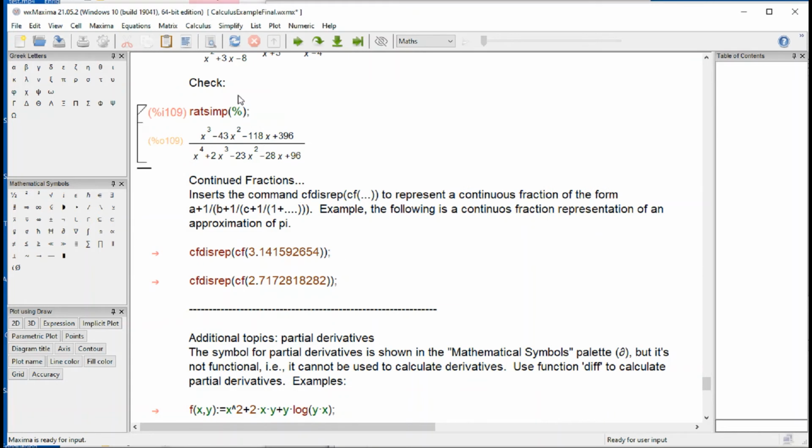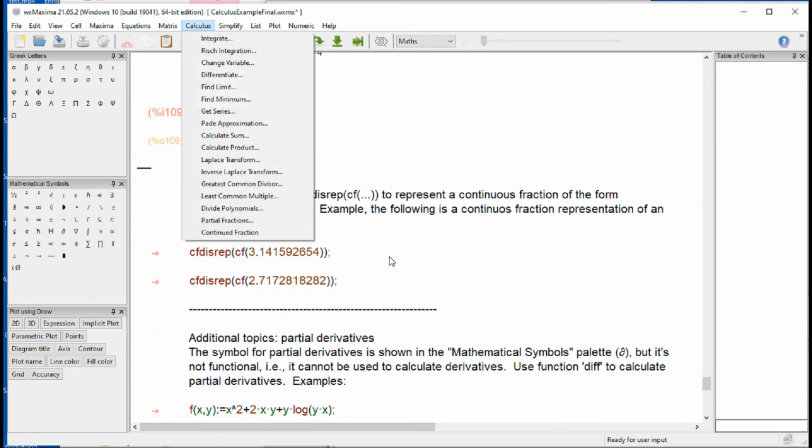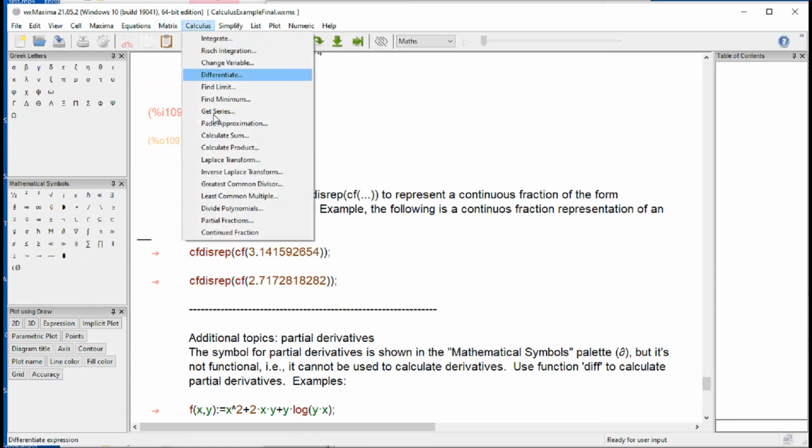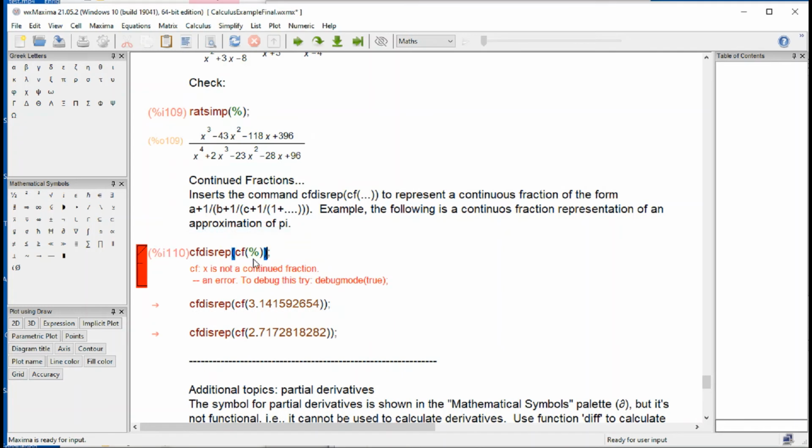The final topic here is continued fractions, and continued fractions are fractions of the form a over b plus 1 over c, and so on. When you do that, you go calculus, continued fraction, and it refers to the previous result.